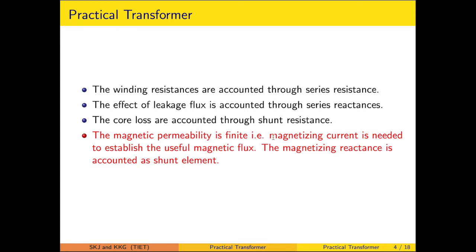This effect is reflected as the magnetizing reactance and is modeled as a shunt element. These are the considerations that deviate from the ideal transformer case. Therefore, manufacturing practices are adopted such that the effects of these practical considerations are either limited or minimized to improve performance.